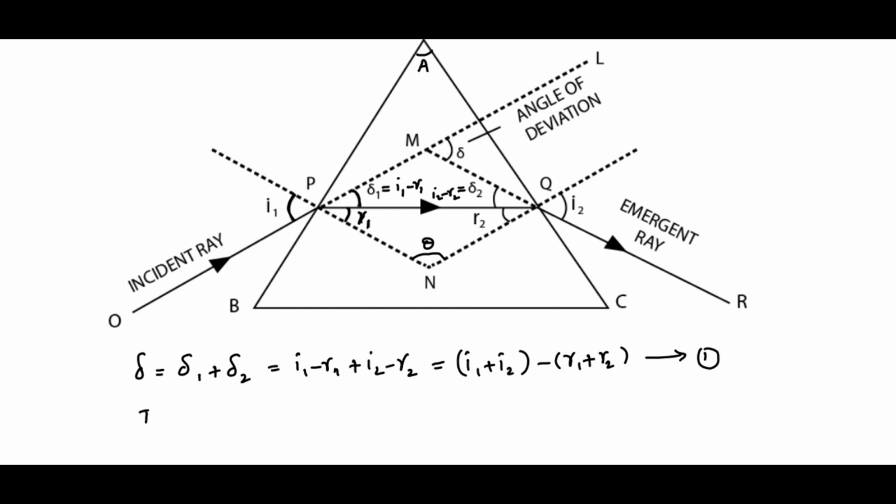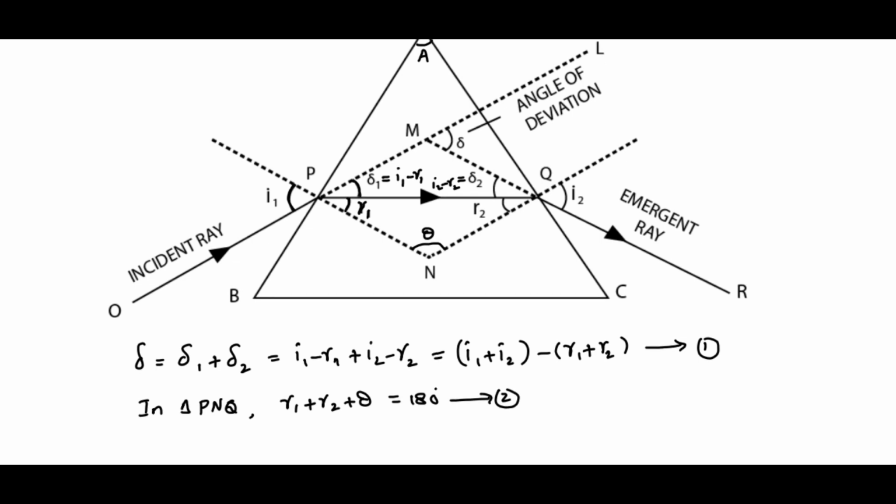In triangle PNQ, we have R1 plus R2 plus theta is equal to 180 degrees. We can take it as equation number 2.